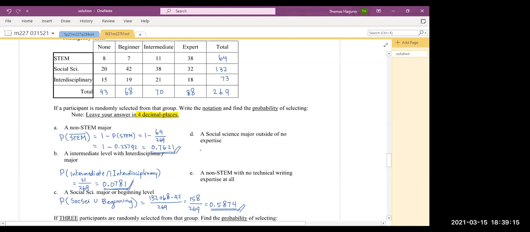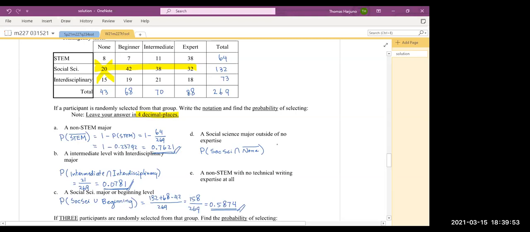And in part D, probability of social science major outside of known expertise. Social science, but not known. Social science are these. But outside of known, so you cross that out. Let me add them one by one.